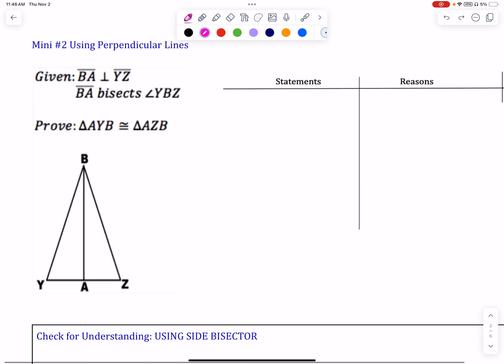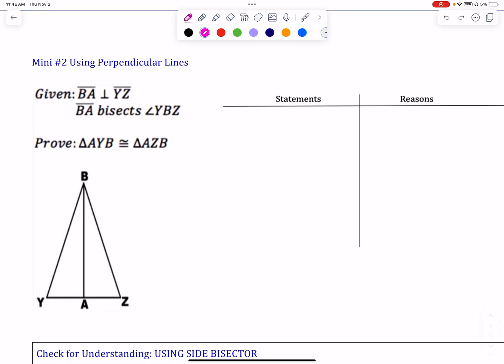Now this one is really critical because when it mentions perpendicular lines, please star this. You have to mention multiple steps to prove that both those angles are right. So first, let's label the diagram or annotate. Given BA is perpendicular to YZ. So if you refer to your colorful sheets or 2.02, you know that perpendiculars make right angles on both sides.